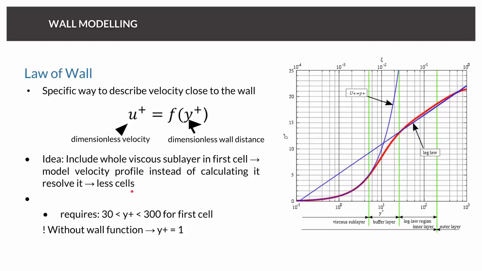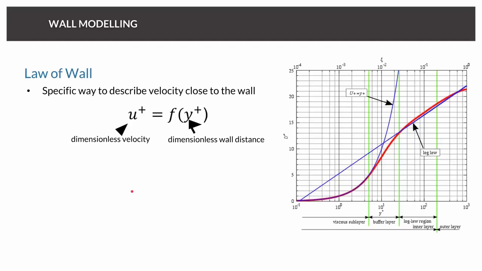Well, and the great thing about this law of the wall is that if we take a look now on the right side, here on this slide we can see how this profile looks like. And we see that we actually have three layers.